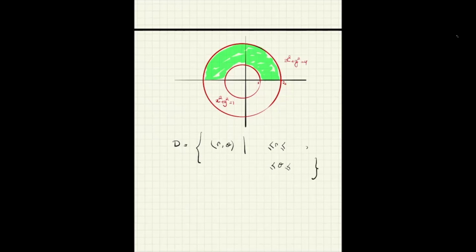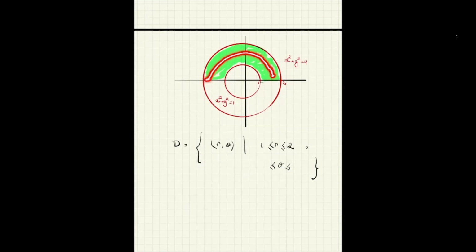So r is between 1 and 2 all along the region D. And theta, for each r, is allowed to vary from 0 to pi.